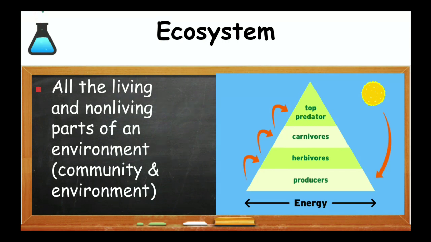So we have abiotic factors, which are water and sunlight, that are required by producers to carry energy through an ecosystem. Again, the ecosystem is the biotic and abiotic factors in an area.